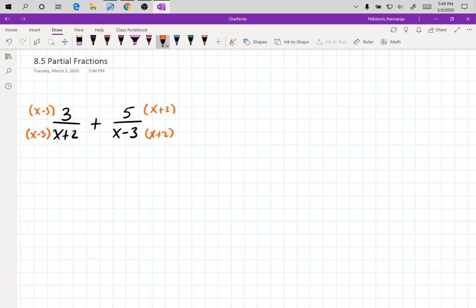So when you multiply these, you will FOIL. There we go. Distribute and FOIL. We have x minus 3, x plus 2 as our common denominator. And in the numerator, we will have 3x minus 9 plus 5x plus 10.